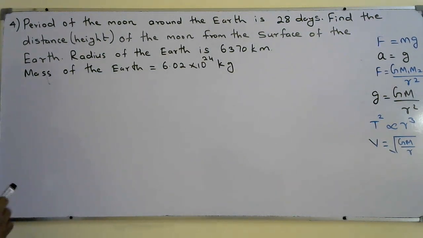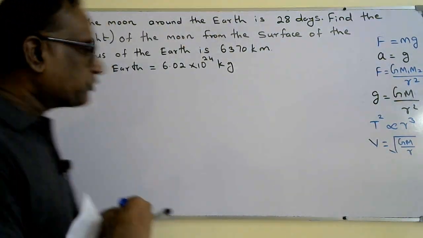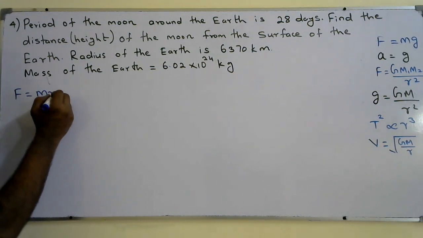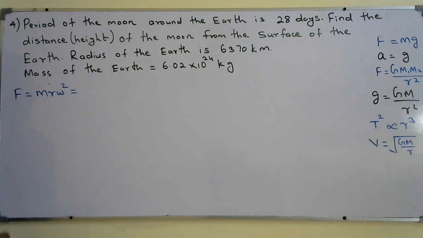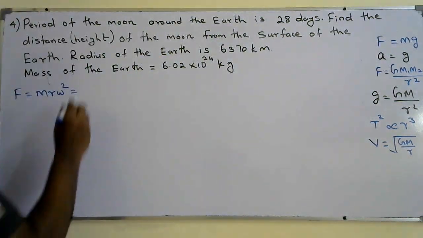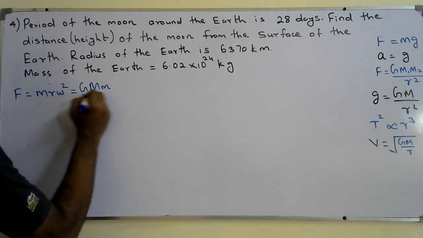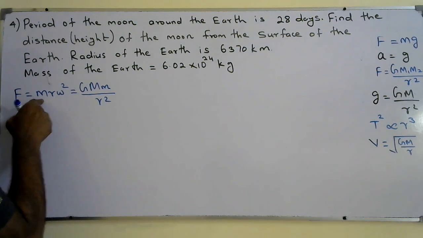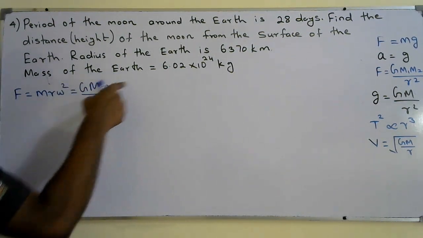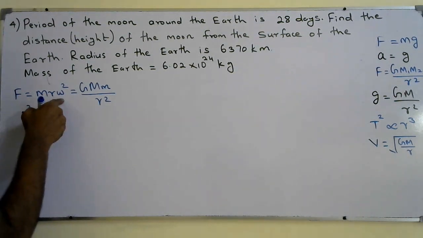For this type of question we should start from the basic principles: the required centripetal force, that is m r omega squared, is provided by the gravitational pull, G M m over r squared, with M the mass of the earth and m the mass of the moon. The mass of the moon will get cancelled, so r squared into r gives r cube.